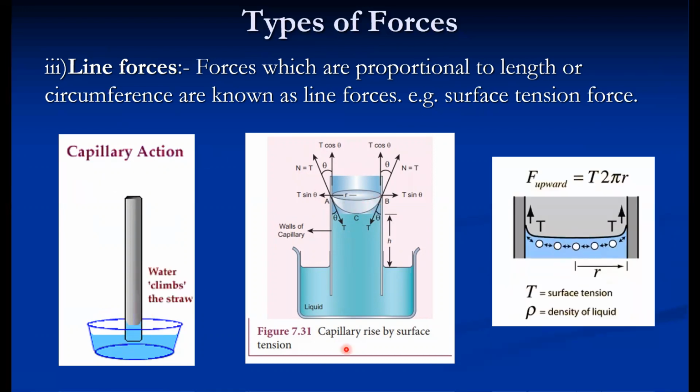This is generally obtained by T, that is surface tension, into circumference, that is 2 pi r or pi d. So if it is related with the length or circumference, this is called surface tension force. Only one category is there, surface tension force. So these are the three categories of the forces.